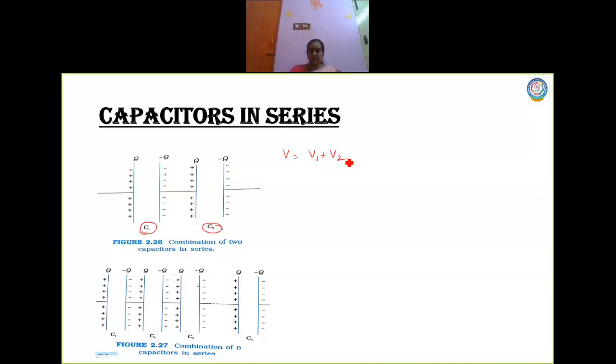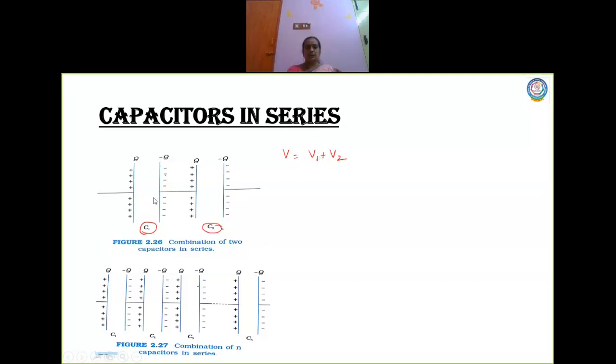So let us not bother about the charge; we bother about the potential. The potential drop across the combination is the sum of the potential drops V1 and V2 across the capacitors.